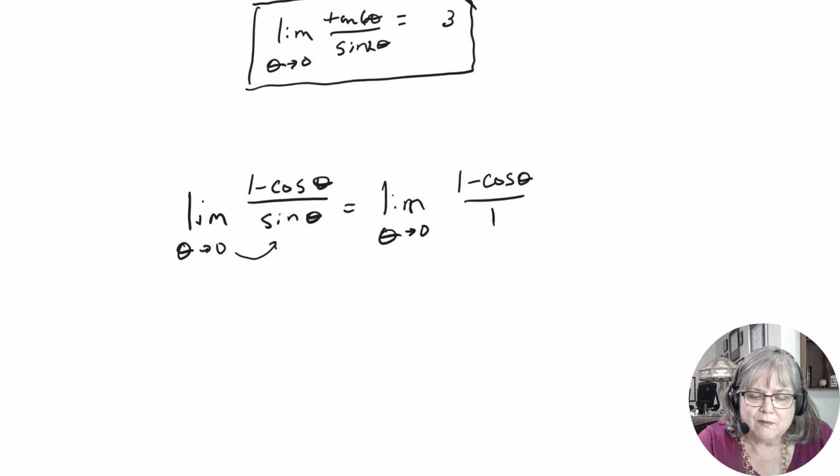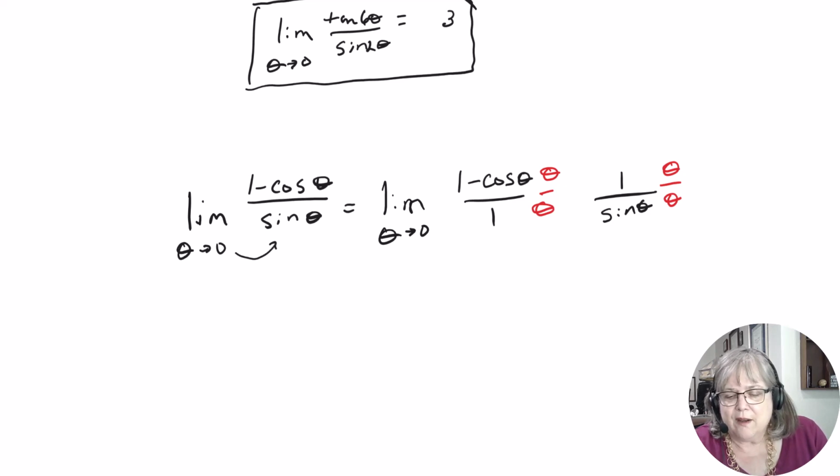All right, now, so I'm thinking, because this is 1 minus cosine theta here, I just need a theta down here. So I can multiply the top by theta. And then you have sine theta under 1. And you can multiply it by theta over theta.